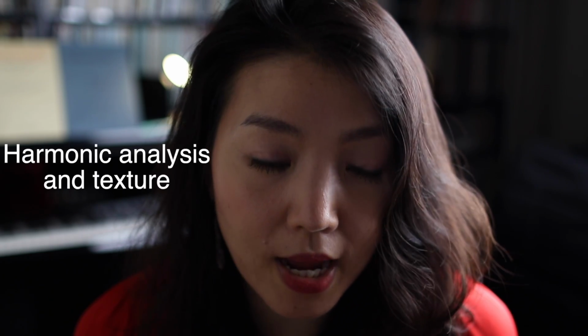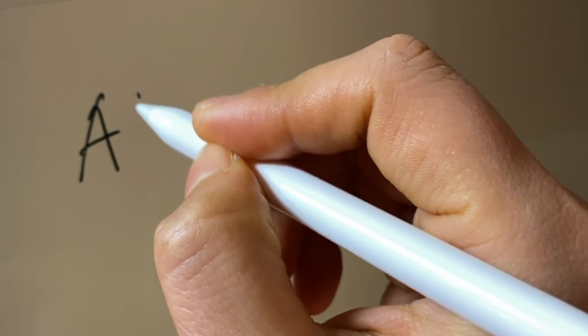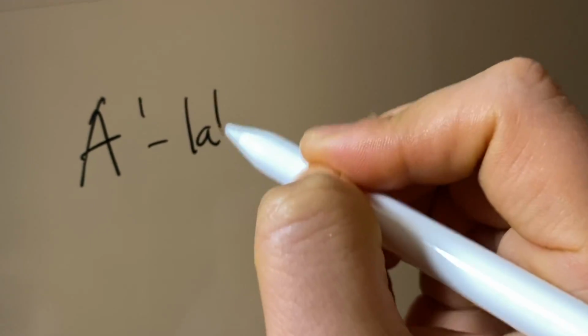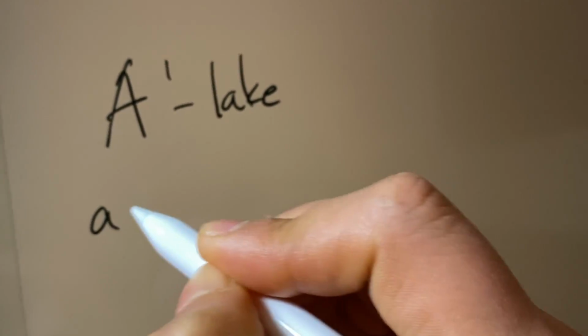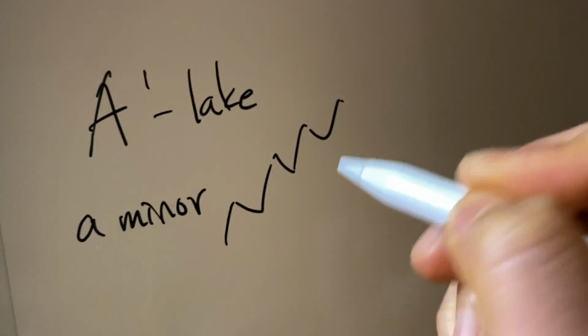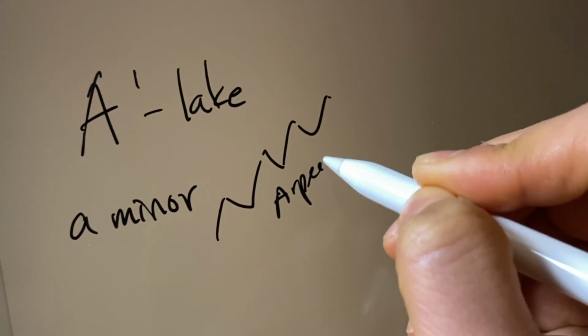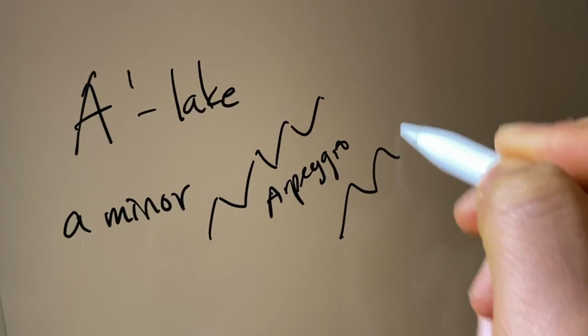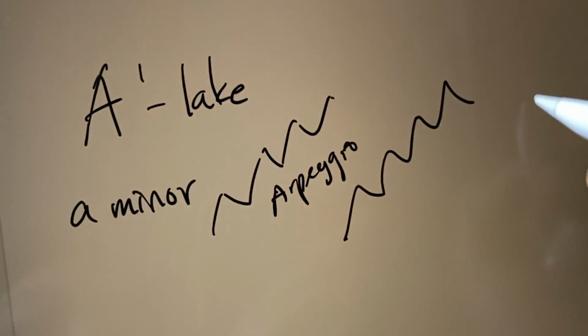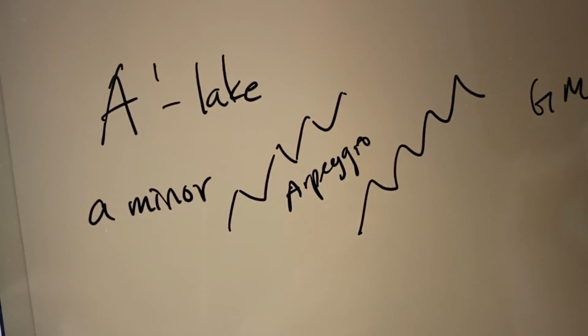I often combine this with harmonic analysis and texture. So when I write on the paper, let's say I'm writing A, and then this is A1, named lake because I said lake before. Then this starts with A minor and has the right hand doing arpeggios, and then it ends with G major or something like that.